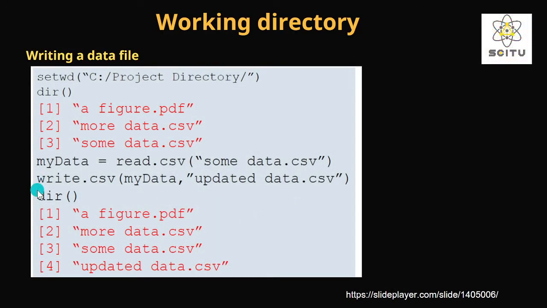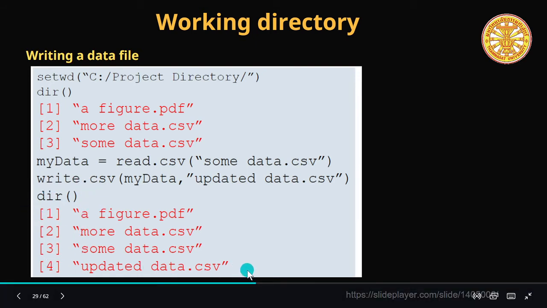And if you would like to write or save your data under a new name, use write.csv, which needs the parameters my data and the output file name inside double quotes. After you check your directory, you will see your result in number 4.